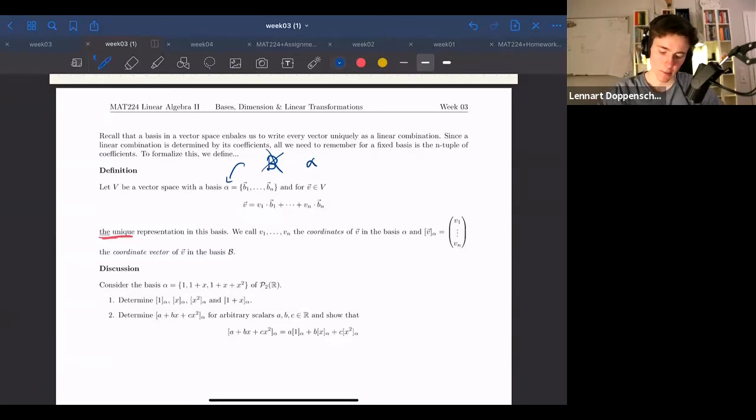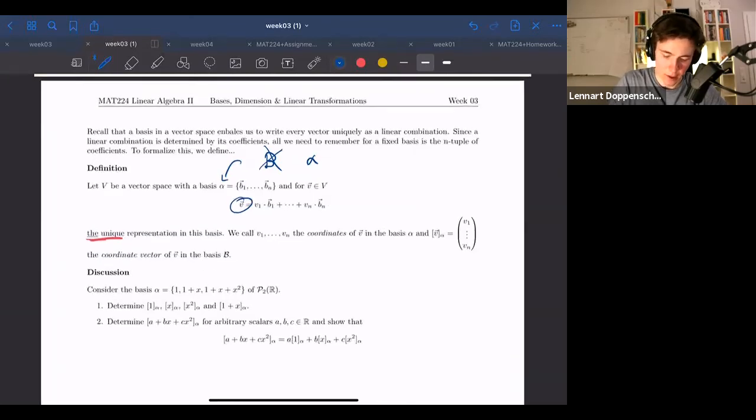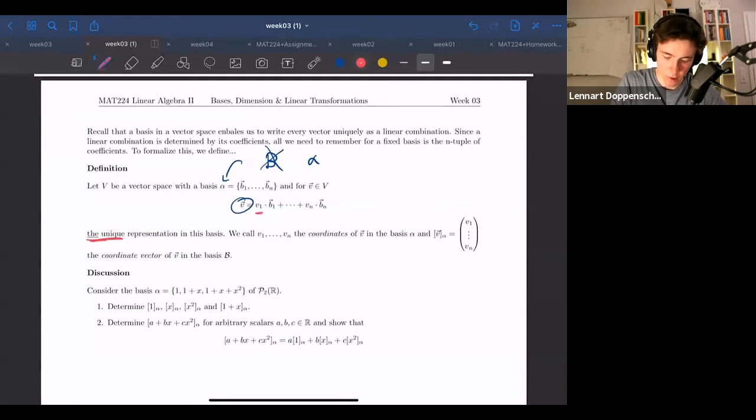Okay, so what I'm now proposing is, since for any element v, any vector, we get a linear combination, there are these coefficients, v1, v2, and vn, and we just assign to every vector this tuple of coefficients.